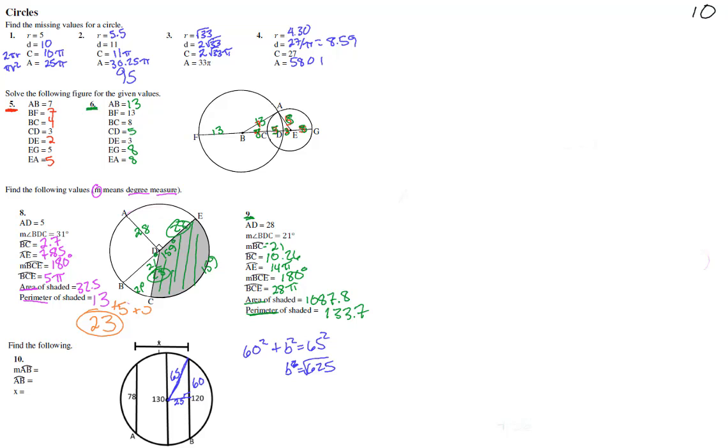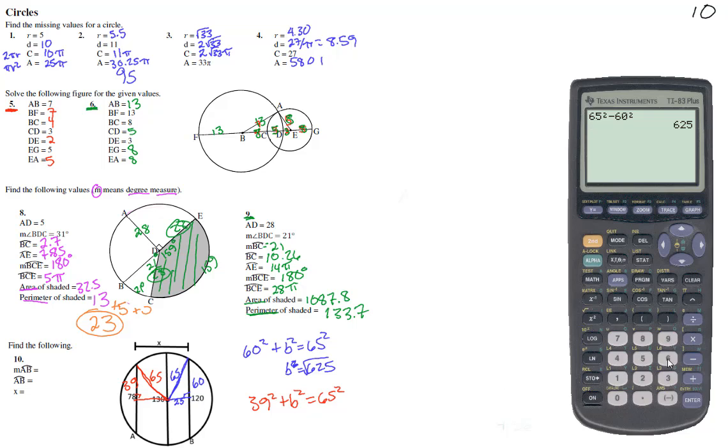Good, good. All right, let's try the next one over here. If we stretch this guy out on a straight line at 65, and this guy is a 39 when we come in here, we have 39 squared plus b squared equals 65 squared. Okay, let's try that. 65 squared minus 39 squared.